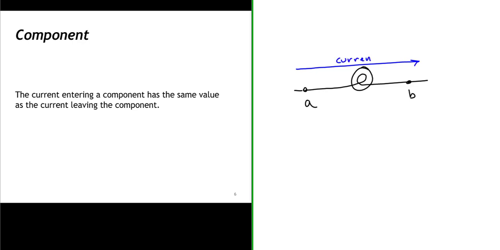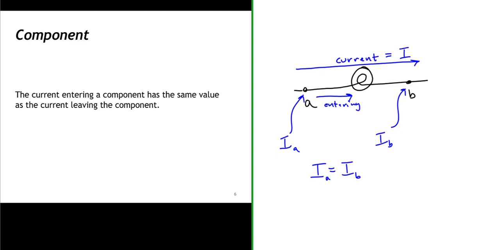Now the thing about this current, which I'll use the symbol capital I to represent a constant current, is that if we were to measure the current at point A, and if we were to measure the current at point B, we would see that the current at point A is equal to the current at point B. So in other words, the current entering our component is the same as the current leaving our component.